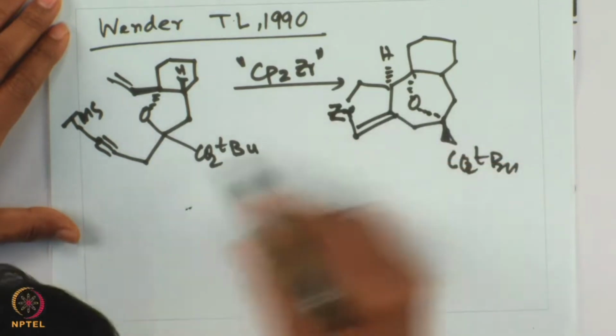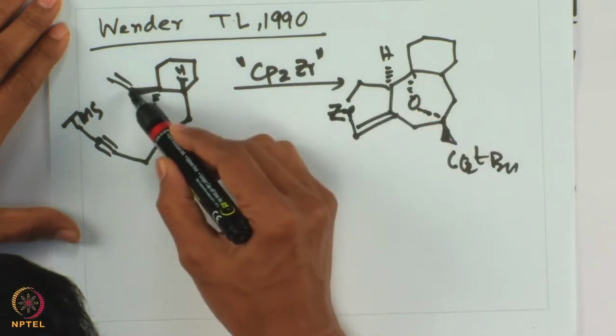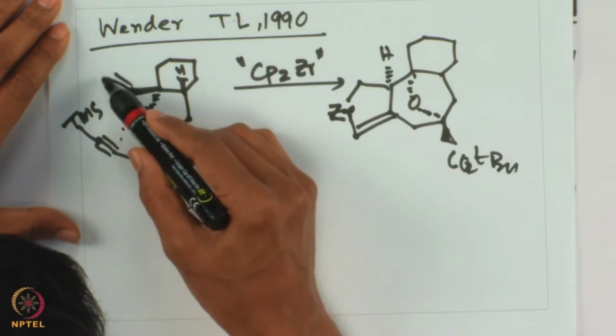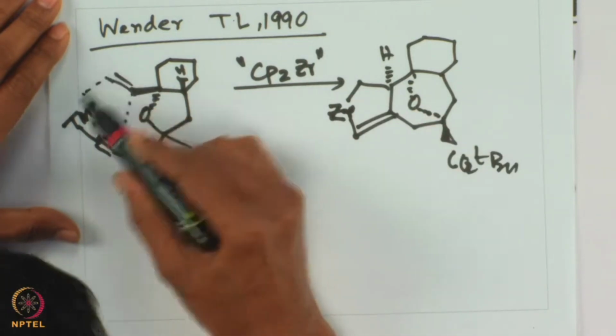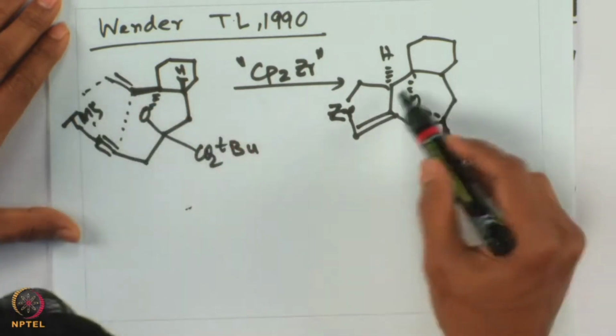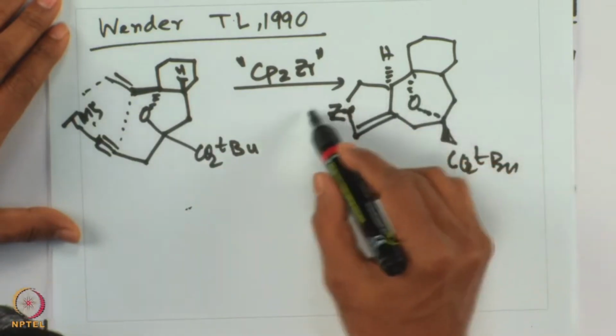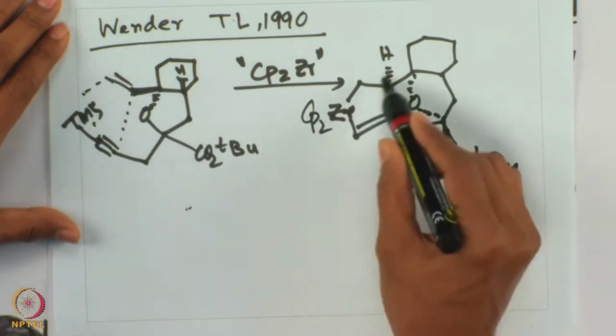So, overall we are seeing the bond formation between this and zirconium is getting incorporated in here. Therefore, what we have seen is that the zirconium Cp2 intermediate is formed.